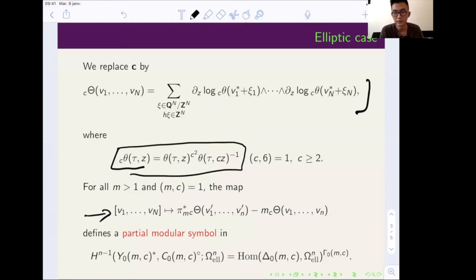Now you can kill the part that is in front of the standard degree n form, dz1 up to dzn, and you evaluate at a torsion point. When you evaluate at a torsion point, you just get a number. And this class is the class that is considered in the Takagi notes.